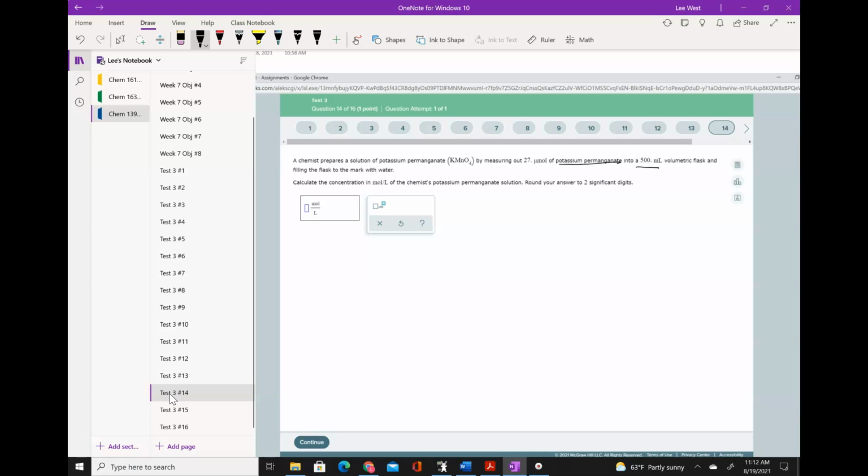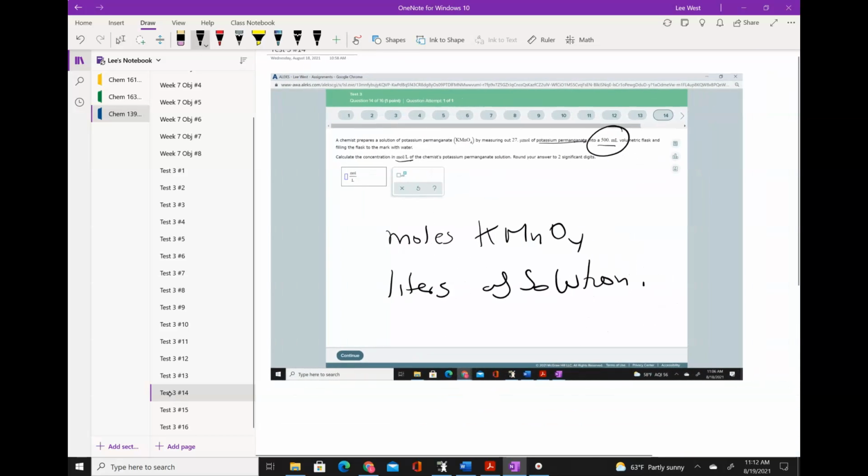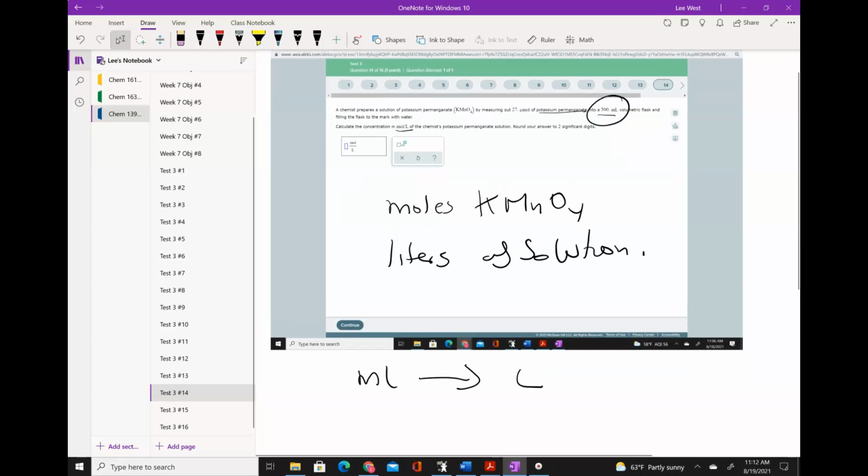So calculate the concentration in moles per liter. So I have to figure out the moles of my potassium permanganate, and then I have to figure out the liters of solution. Now I'm given some information here. I've got the volume of the solution, but it's expressed in milliliters, so I'm going to have to go milliliters to liters. And then I do have the amount of potassium permanganate, but it's expressed in micromoles.